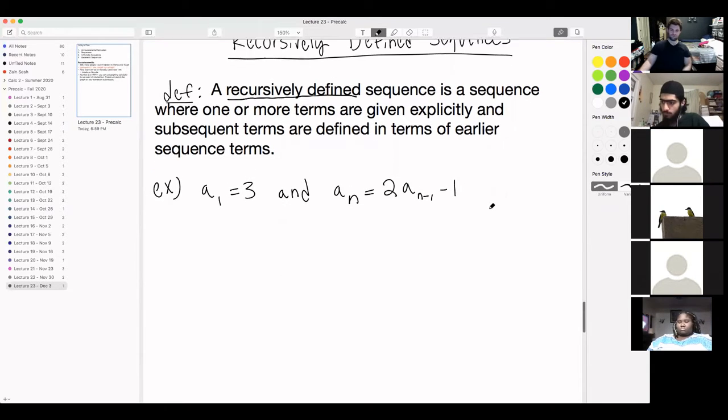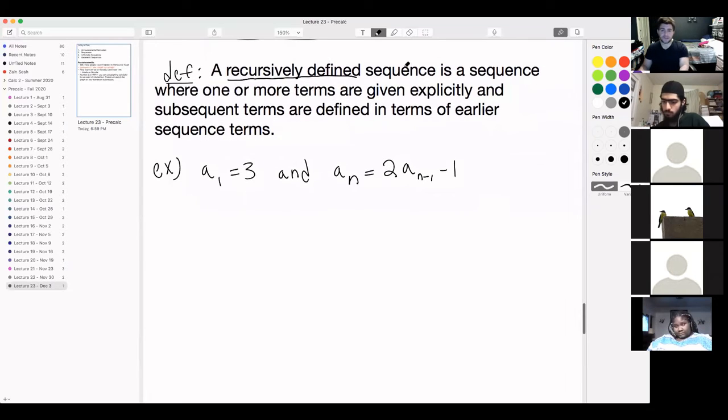Let's see how this parallels the definition. One or more terms are given explicitly. That's this piece: I'm telling you explicitly a sub 1 is 3. And then subsequent terms are defined in terms of earlier sequence terms, and that's this piece right here.